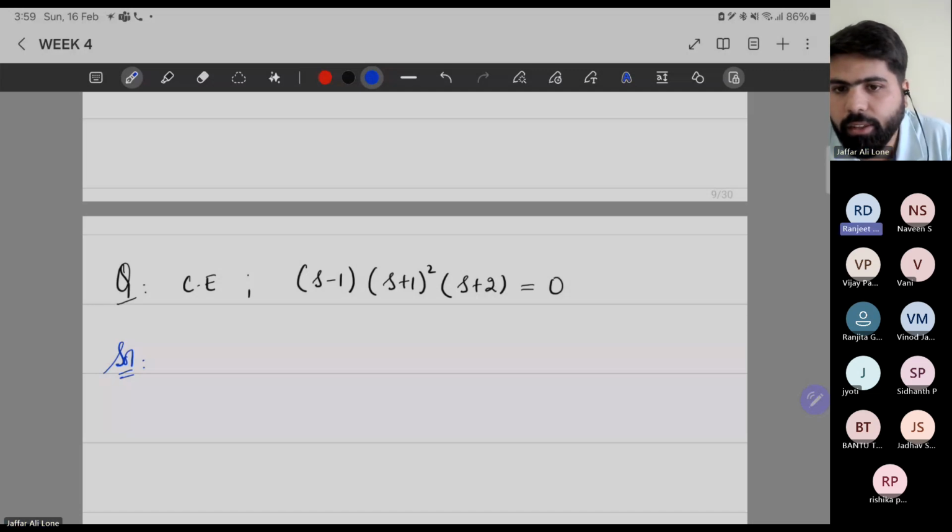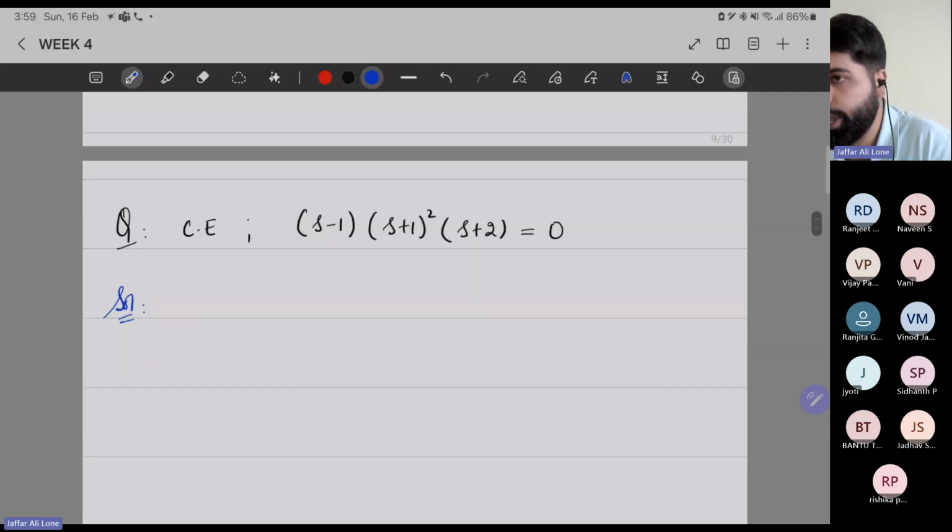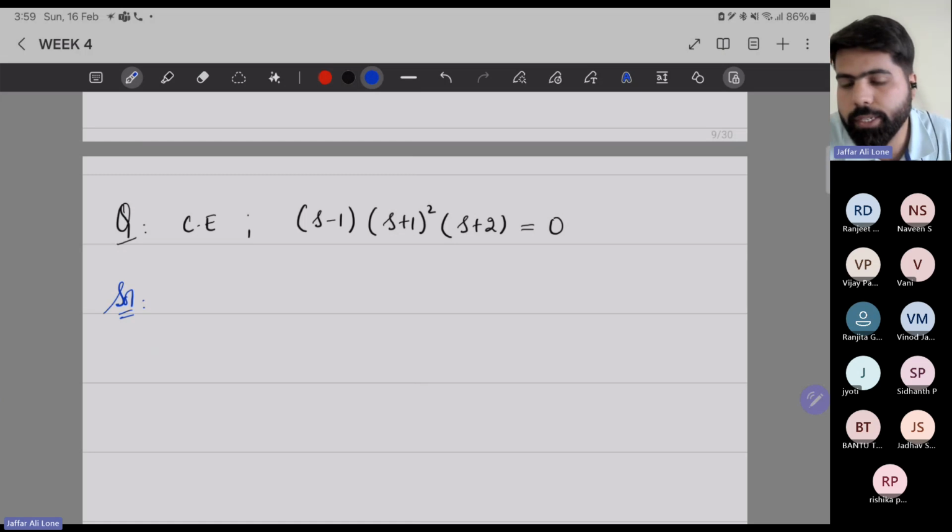Yes, it is also correct. So we don't need to check whether we have poles on the imaginary axis or not. As of now we are not bothering about marginal stability. I have not chosen any question about marginal stability as of now. I'm only worried about stability and instability.